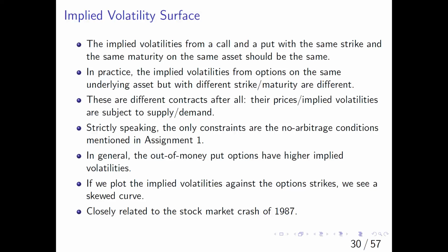One more thing I want to mention. In general, out-of-the-money puts have higher implied volatilities. Why is that? We can talk about that quickly. If we plot the implied volatility against the option strikes, we see a skewed curve, closely related to the option market crash in 1987.